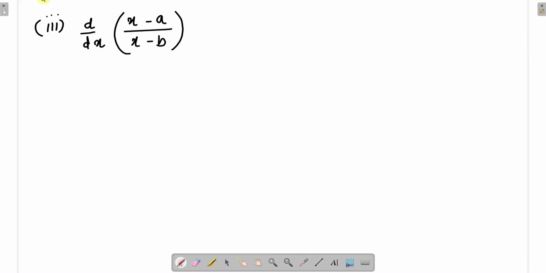Okay, so here the function is of the type u by v. Okay, and if you remember the formula for the u by v derivative, that is what? So u by v prime is equal to v u prime minus u v prime divided by v square.